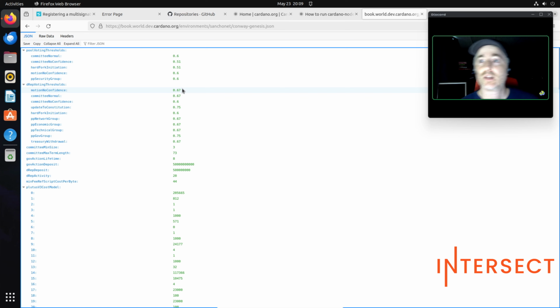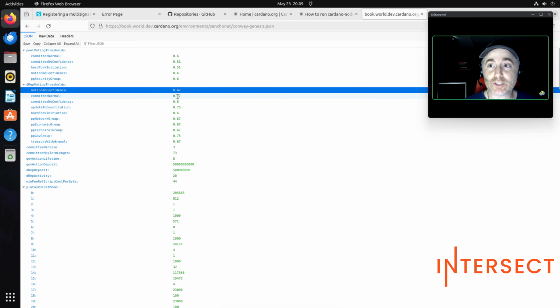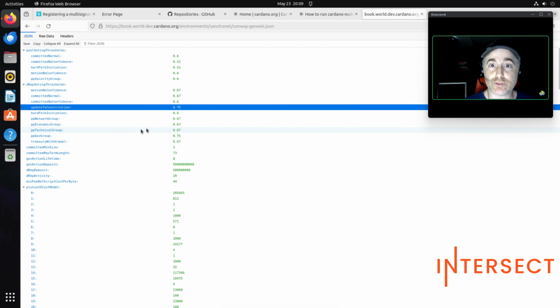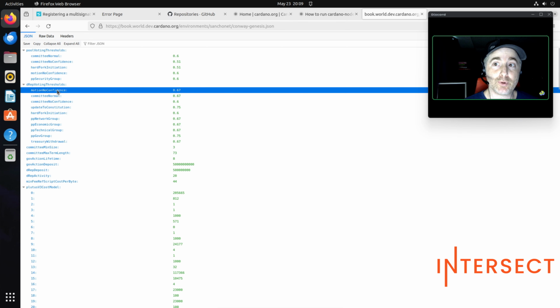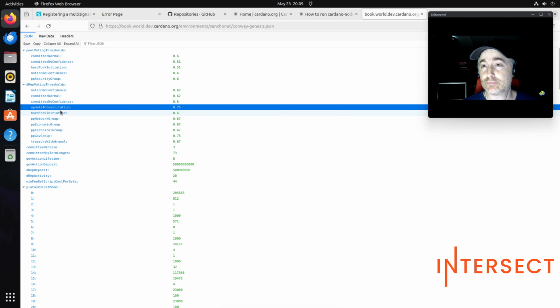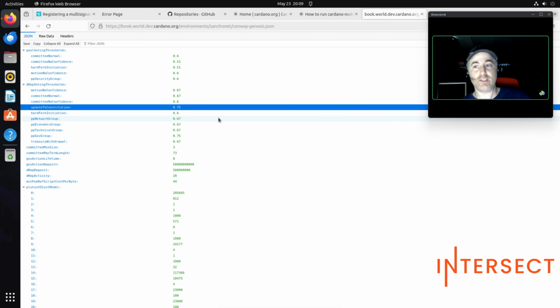Yeah. So as you may know, there is a threshold for each governance action, right? So let's say, for example, the Constitution, 75%. So you need 75% of the DReps' yes votes to be able to ratify a constitution on SanchoNet right now.